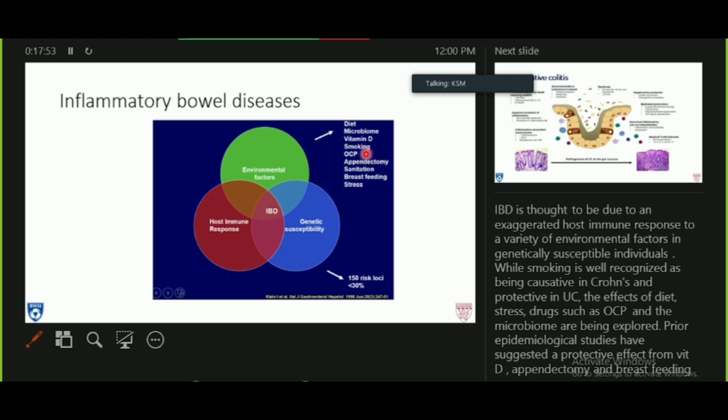And while smoking is well recognized as causing an exacerbation of Crohn's disease and relatively protective for ulcerative colitis, there's a lot of work going into how the diet, microbiome, and vitamins like vitamin D may be affecting inflammatory bowel disease. We also know that breastfeeding and having a prior appendicectomy or poor sanitation are actually protective factors for inflammatory bowel disease.